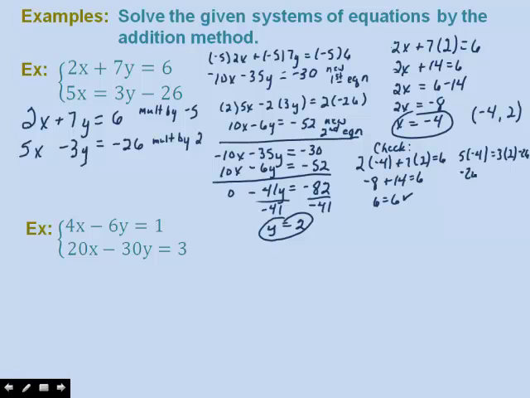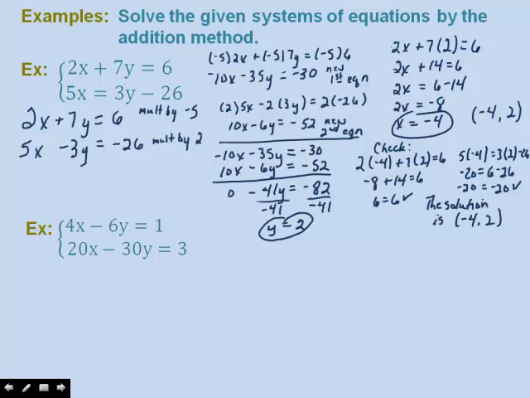That gives us negative 20 on the left side, and 6 minus 26 on the right side. And we have negative 20 is equal to negative 20, so that one checks. So that gives us our solution of the ordered pair, negative 4, 2.